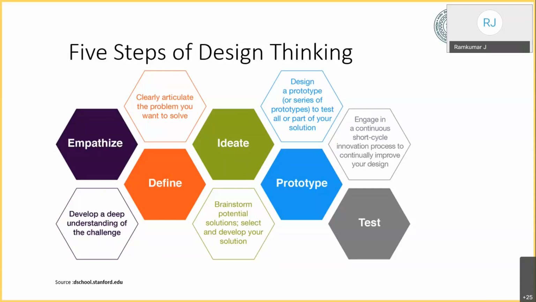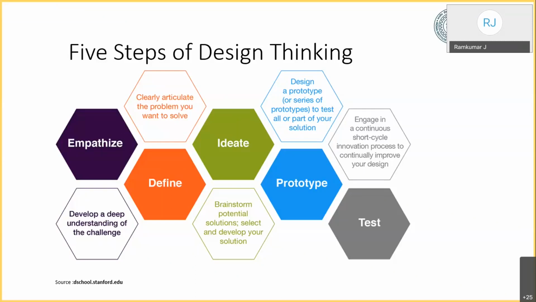The moment you start evaluating an idea as good or bad, many of the ideas get killed at the ideation stage itself. You do a lot of brainstorming sessions. The basic principle of brainstorming is not to evaluate any other person's idea, but to capture as many ideas as possible.